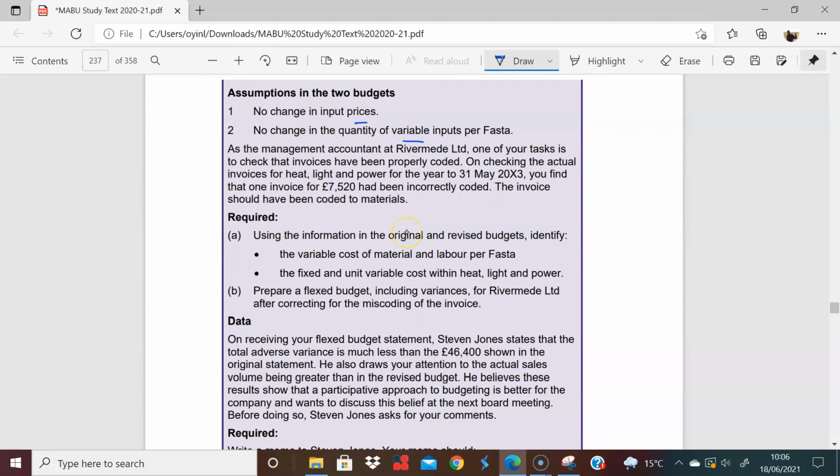It says that as the management accountant at Rivermead, one of your tasks is to check the invoices have been properly coded. On checking the invoices for heat and light, you find there's an invoice of 7,520 that's been incorrectly coded, and this should have been put to materials.